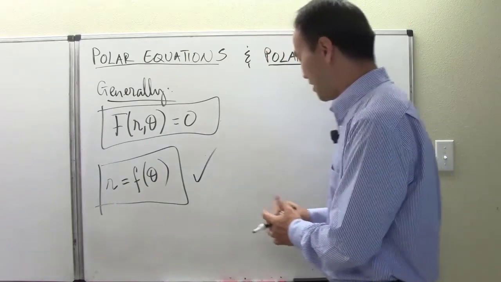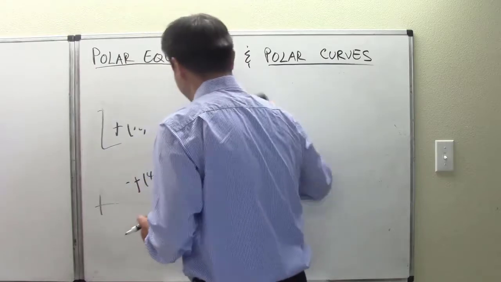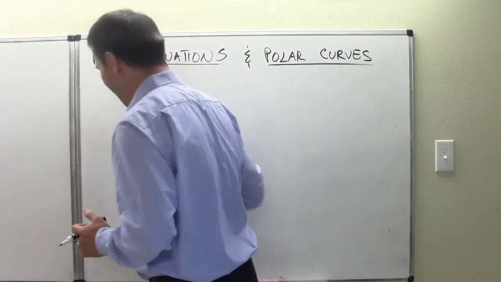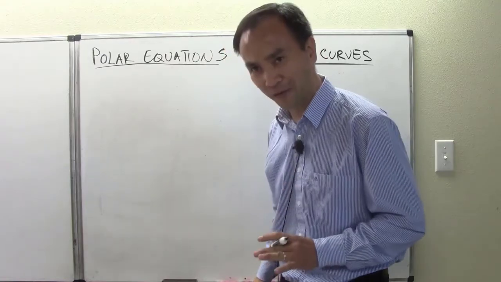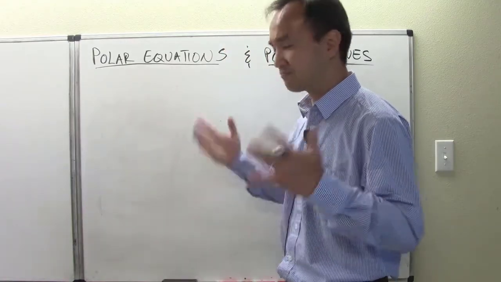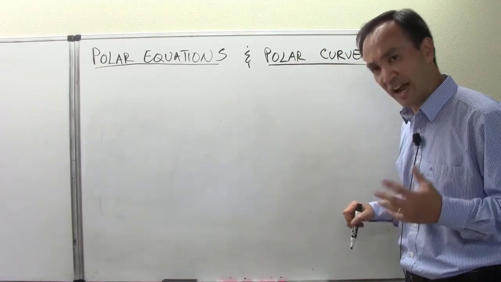All right, now we are ready. Sadly I didn't talk much about what a polar equation and polar curve is, but now you are ready for an actual example in graphing.